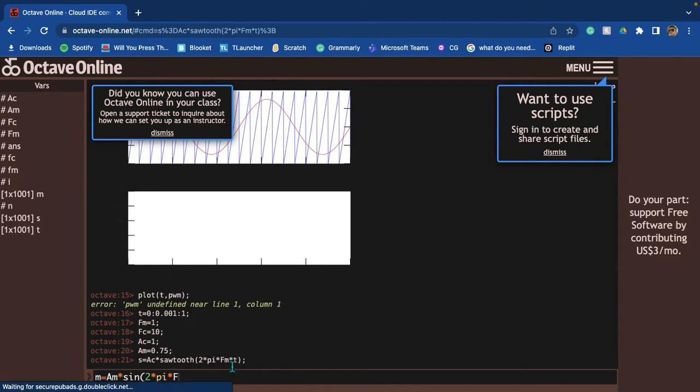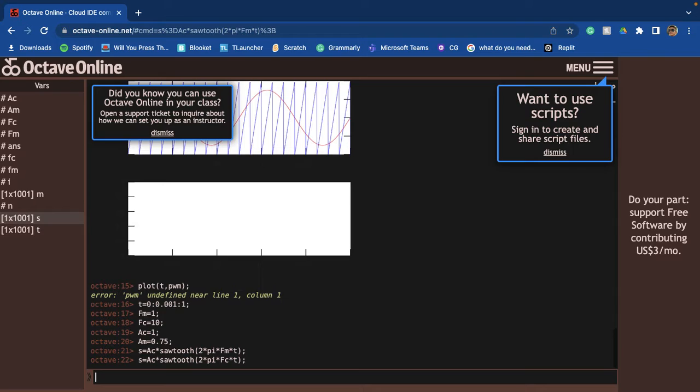It was FC, I have to repeat this. S was FC. Sawtooth is equal to AC into sawtooth. S is equal to sawtooth 2 pi FC T. The sawtooth is a carrier wave, whereas M is my modulating wave.